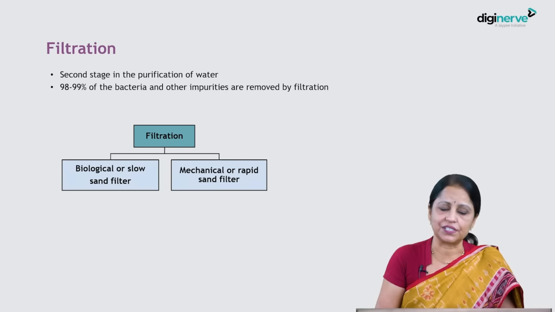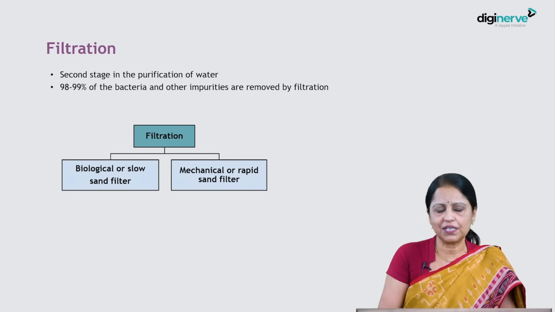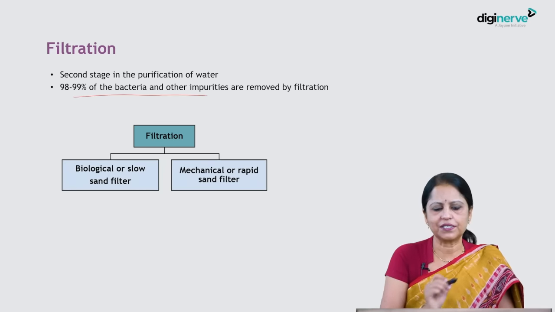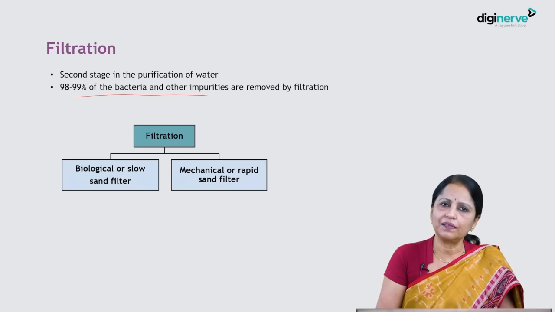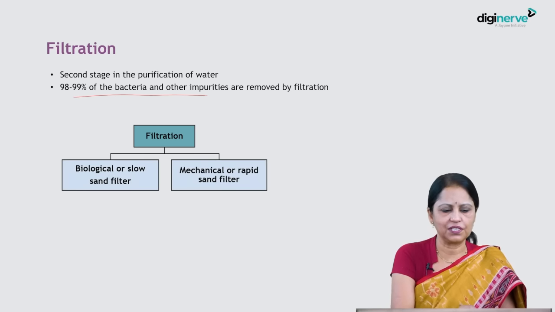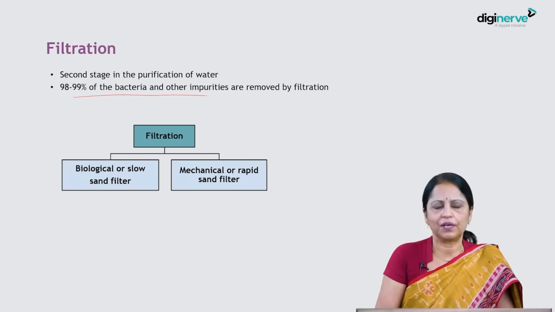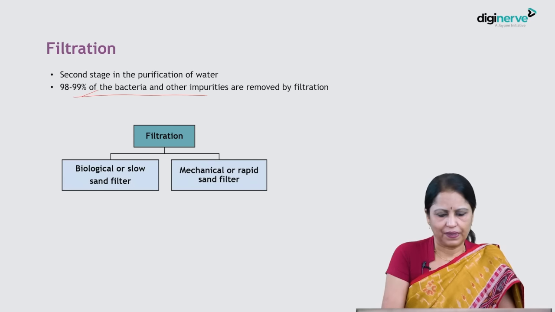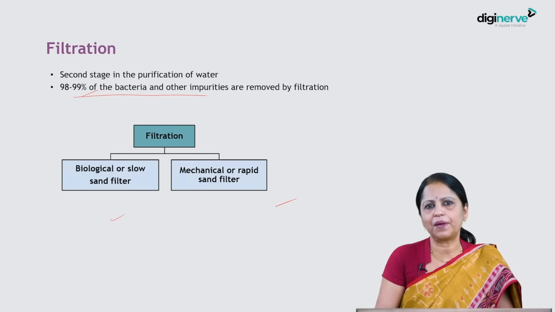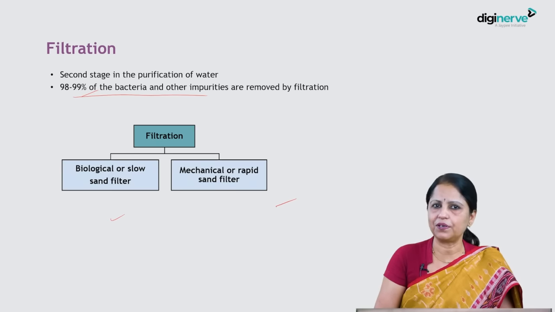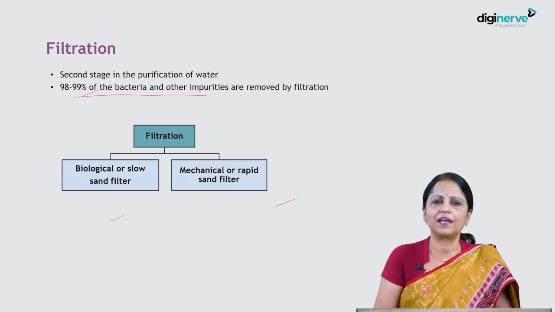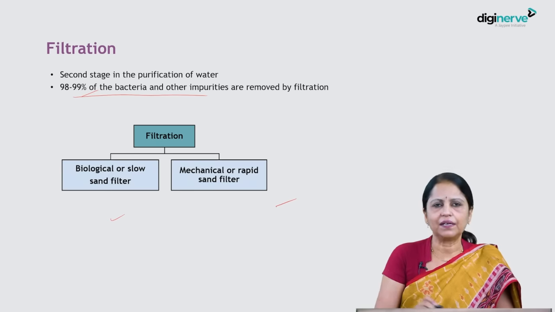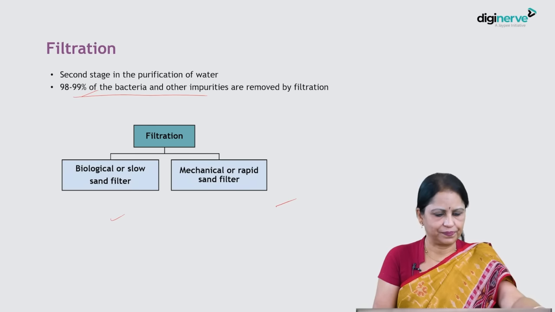Next is filtration. Filtration again brings down the bacteria count by another considerable quantity, and so it comes down to 98 to 99% purification. Filtration can be done in two ways. One is the slow or biological sand filter, and another is the mechanical or rapid sand filter.